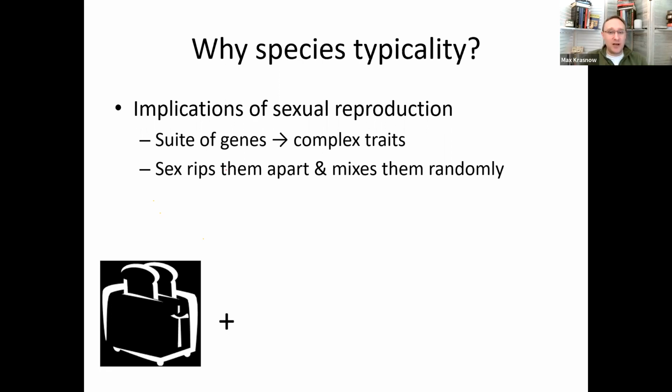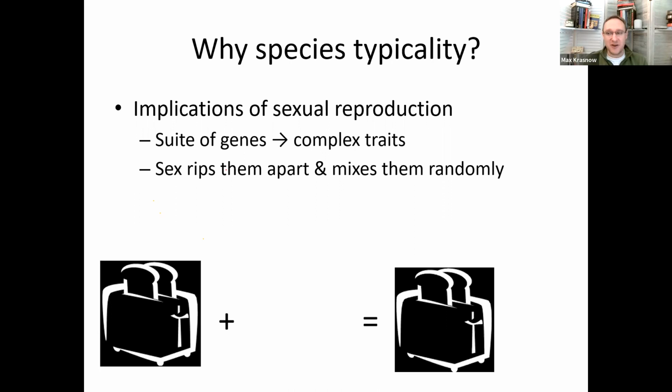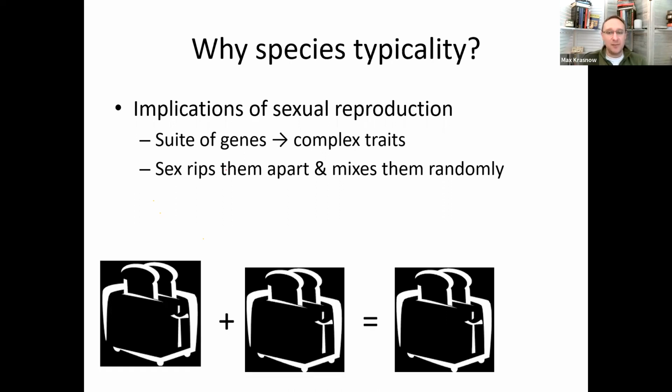For sexual reproduction to reliably reproduce complex adaptations from parents to offspring, this requires the genetics of those adaptations to be reliably present in both parents. In other words, it requires that the genes for those adaptations are typical for the species, such that they can expect to encounter themselves or encounter the other genes that make up the trait in the other parent that they're meeting.